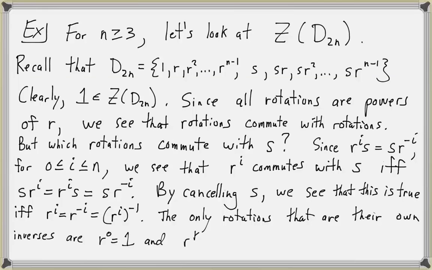So let's call this r to the power k when n is an even integer, 2k. So if n is odd, the only rotation that is its own inverse would be the identity r to the power 0.